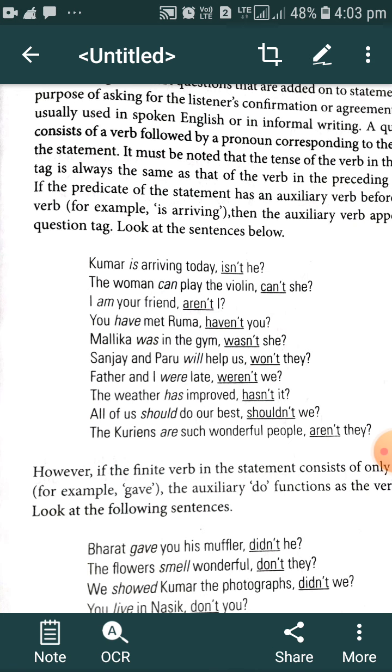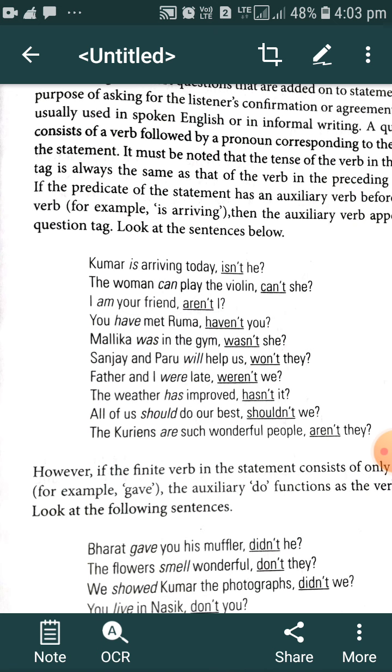Then, father and I were late. Here, father and I. Father is a second person, and I is a first person pronoun. That's why we have used the personal pronoun we, because I am with my father, and I am telling about us, not about others.